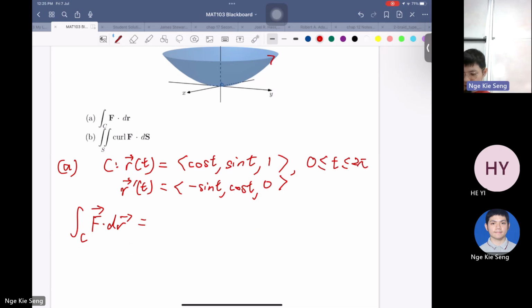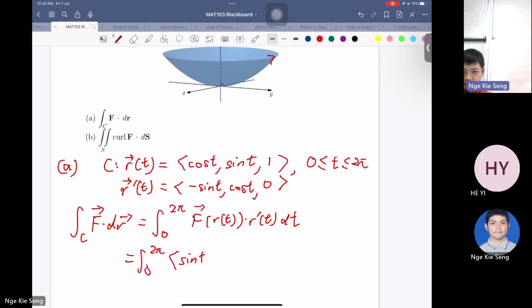Then we change everything to the variable t, so that we can use material from calculus 1. We have to take the dot product of the two vectors: sin t, minus cos t, sin t, with the tangent vector minus sin t, cos t, 0, dt.